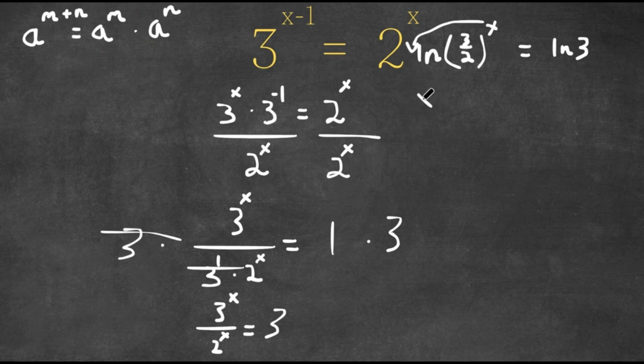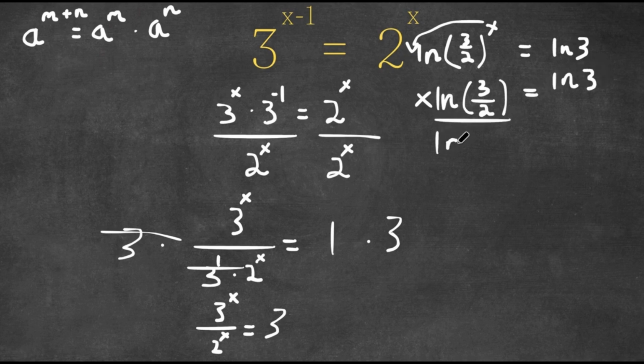So now we have x ln 3 over 2 is equal to ln 3. And now I'm actually going to divide both sides by ln 3 over 2 so I can isolate x.